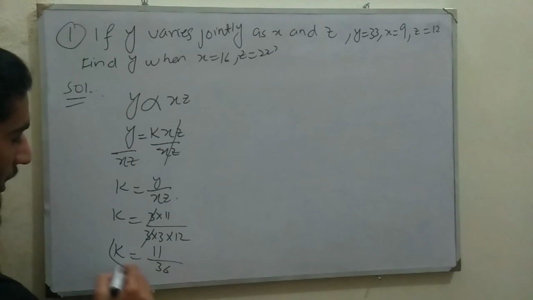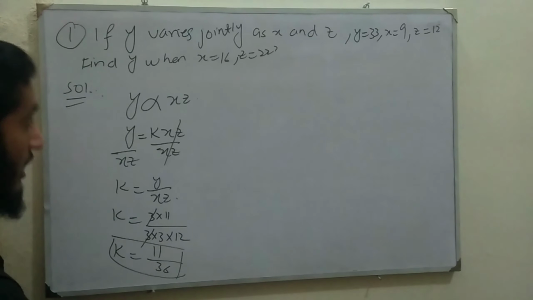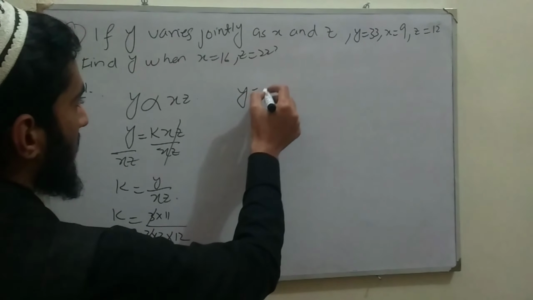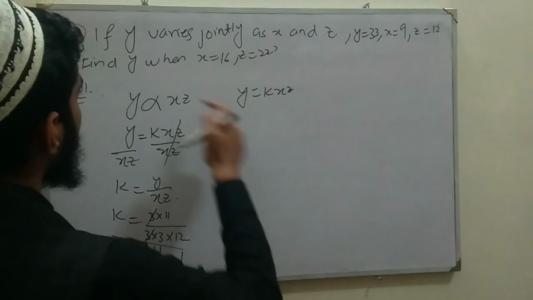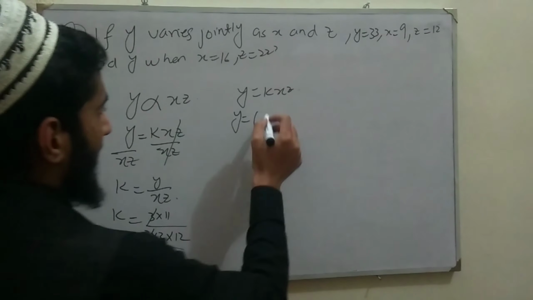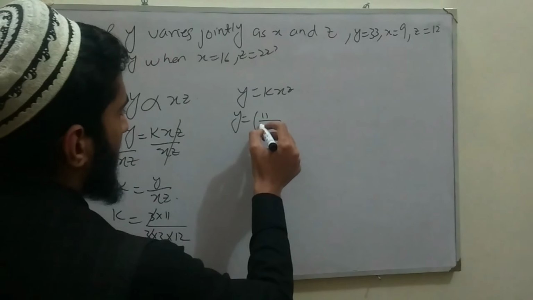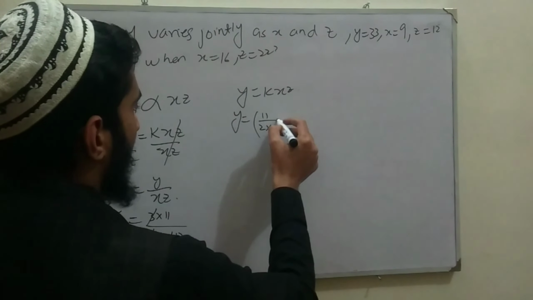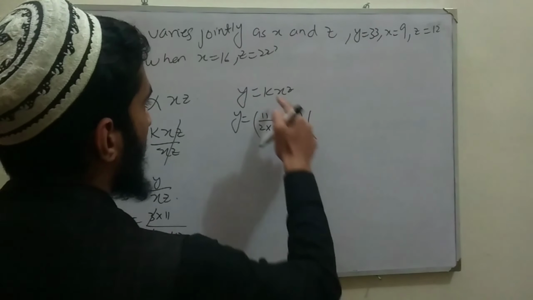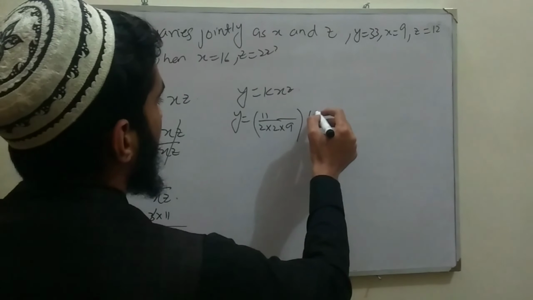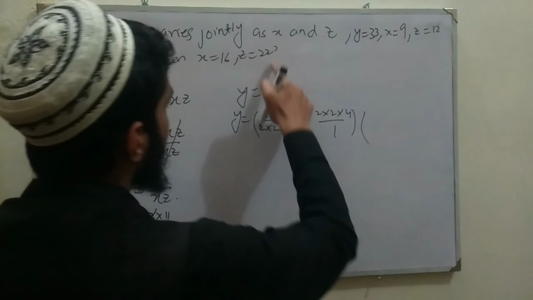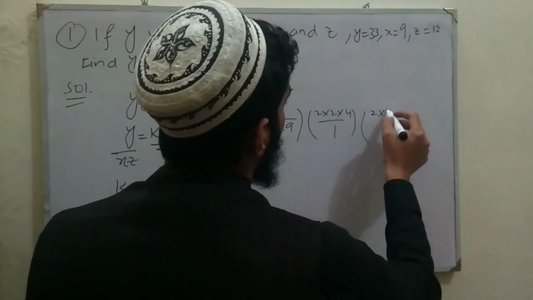So this is the value of k, but we are not interested in the constant k, we are interested in y. Using the same relation, y is equal to kxz, where k is 11 divided by 36. 36 can be written as 2 multiply 2 multiply 9. The value of x here is 16, which can be written as 2 multiply 2 multiply 4, and z is 22, which can be written as 2 multiply 11.